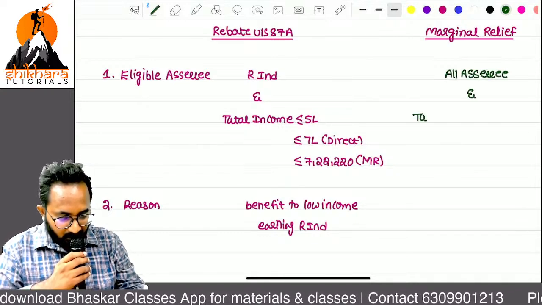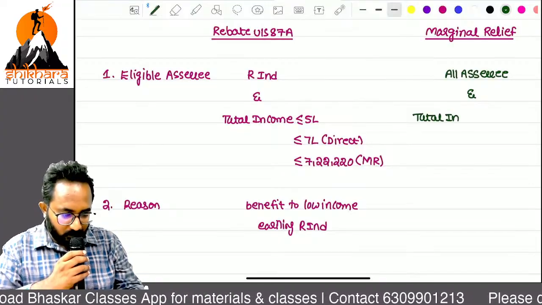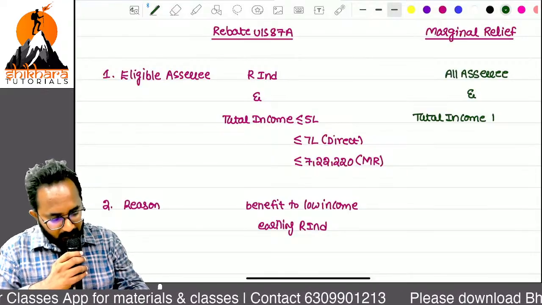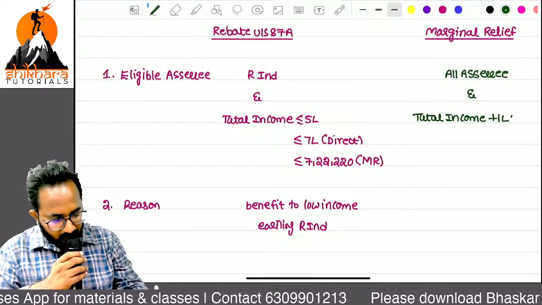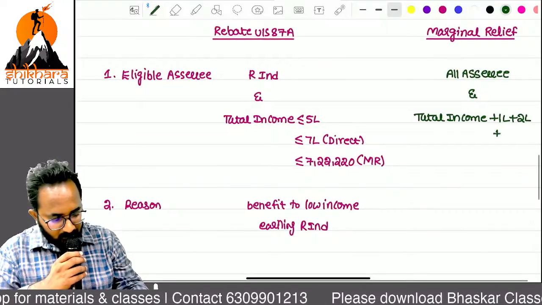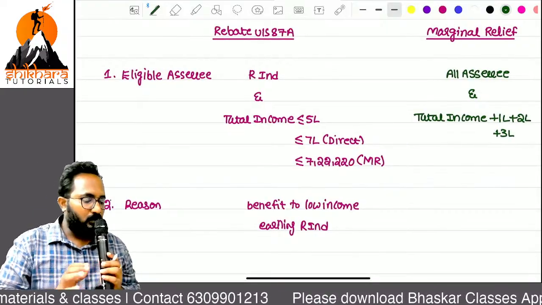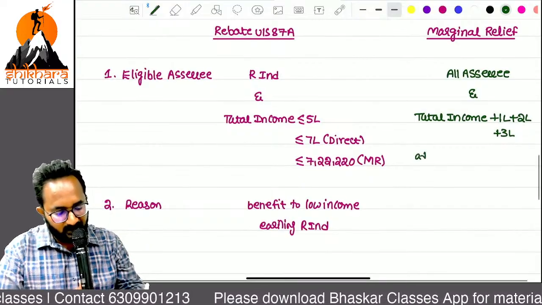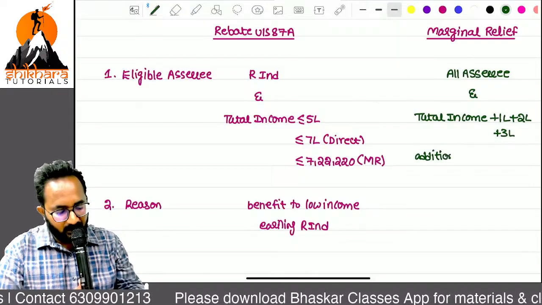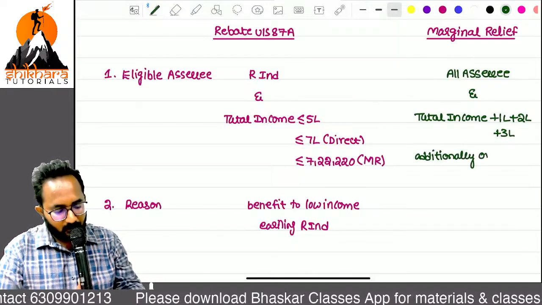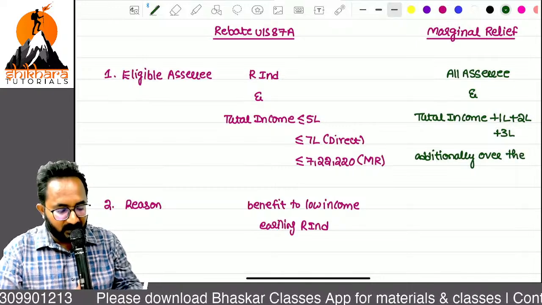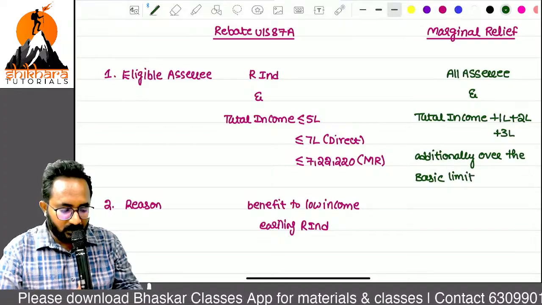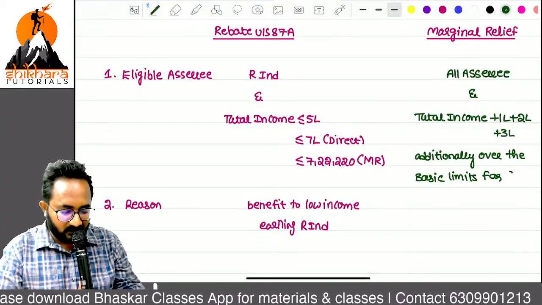If their total income is just 1 lakh, 2 lakh or 3 lakh additionally over the basic limits for surcharge.